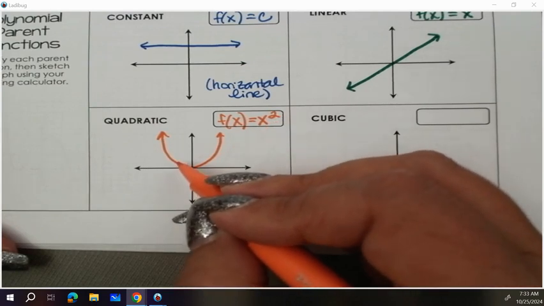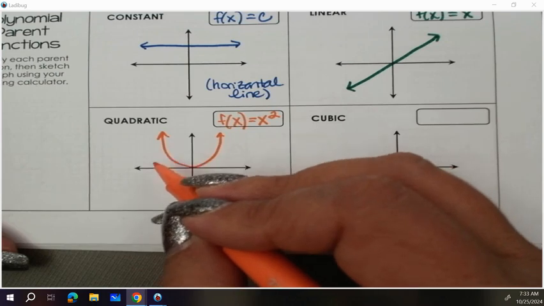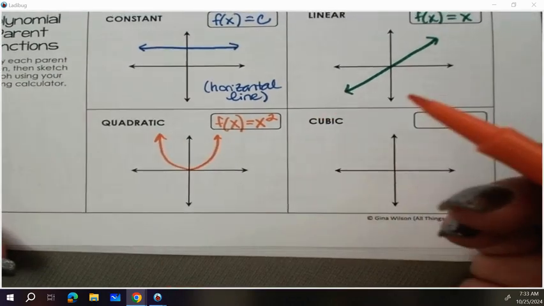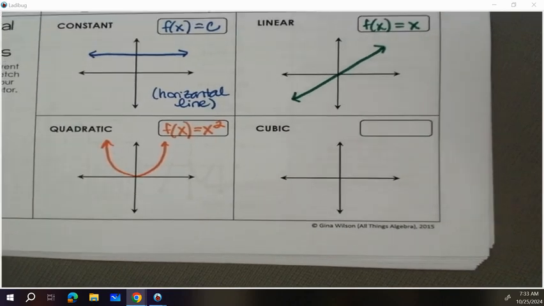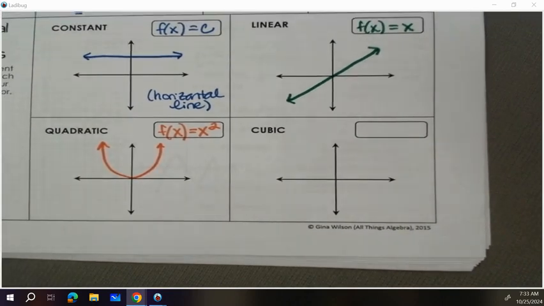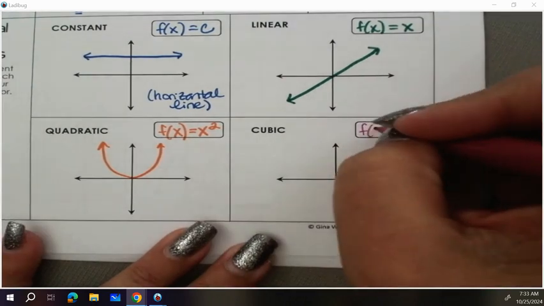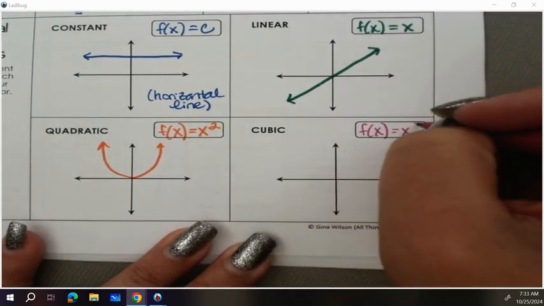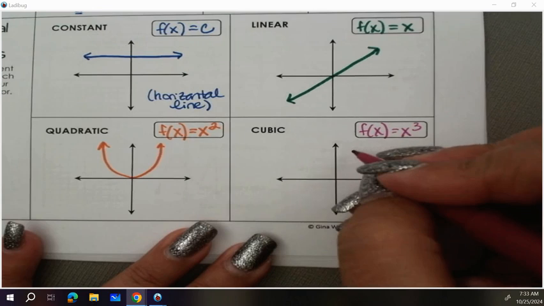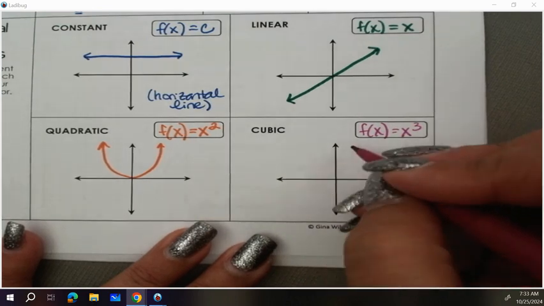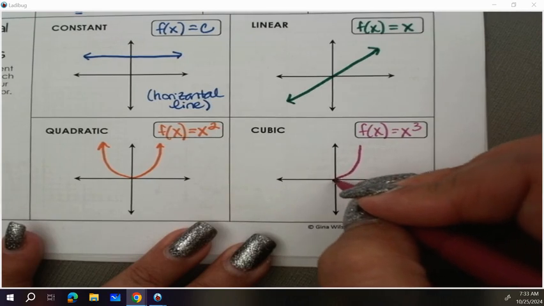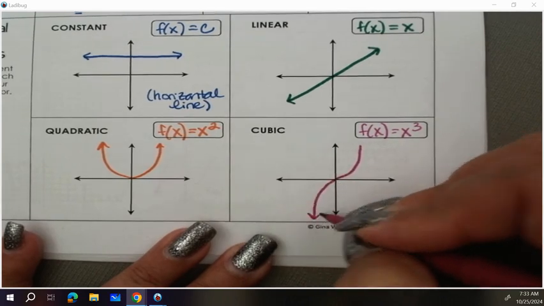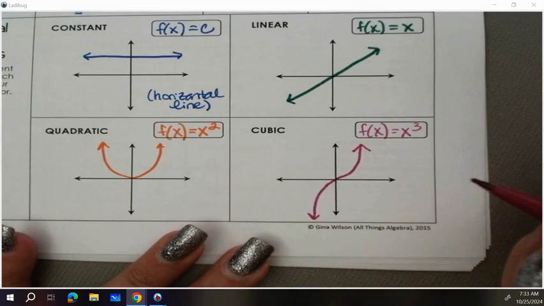Negative 1, 1, negative 2, 4, negative 3, 9. All right, we did these back in Unit 1, but we'll remind ourselves now the cubic function. F of x equals x to the third. And this is the one that kind of looks like a vertical snake. Okay, so it starts up this way, and it comes right across at 0, 0, and then goes down in quadrant 3. It's in quadrants 1 and 3.